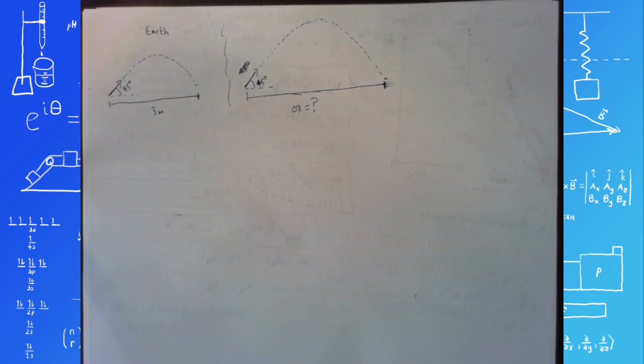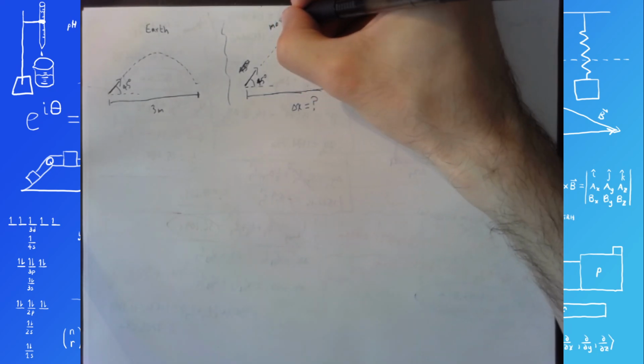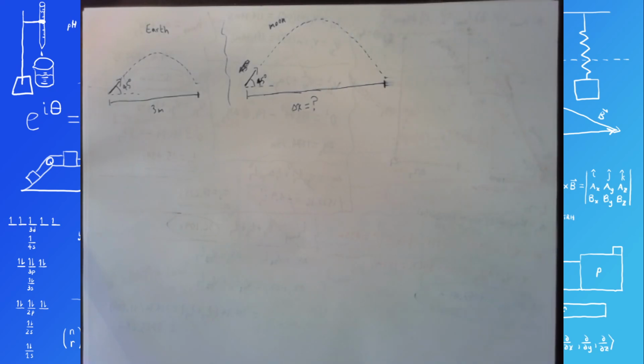So, I guess we're going to need to figure some things out. To figure out how far you travel horizontally, you need to figure out how long you travel horizontally. And you're traveling horizontally until you land back on the ground. So, we're going to need to rely on what happens in the y dimension to figure out how much time we get to have in both dimensions.